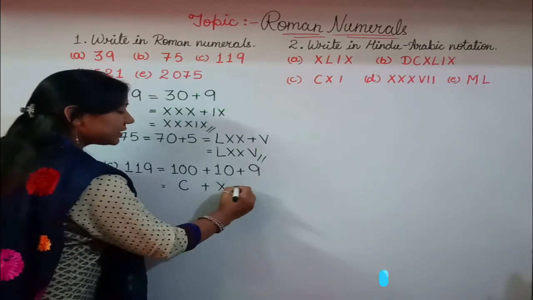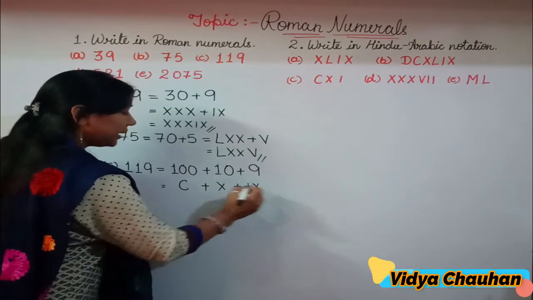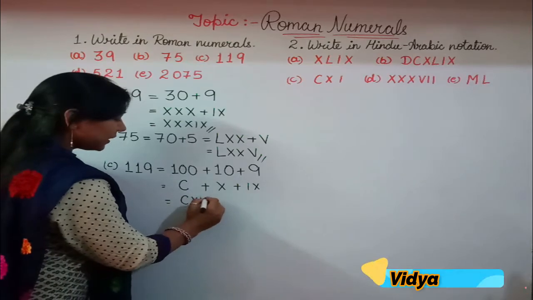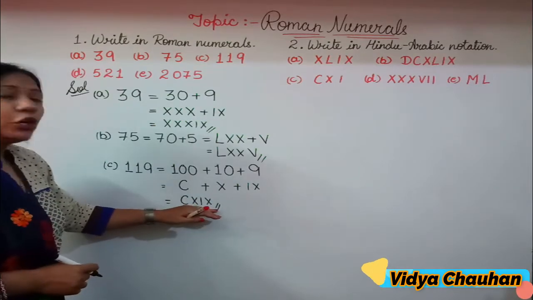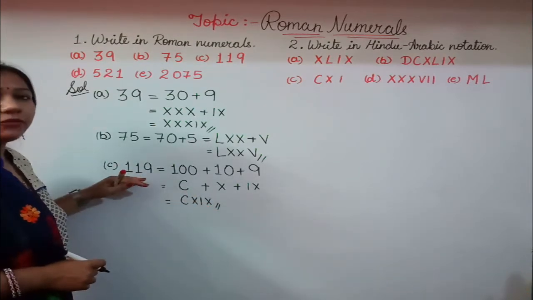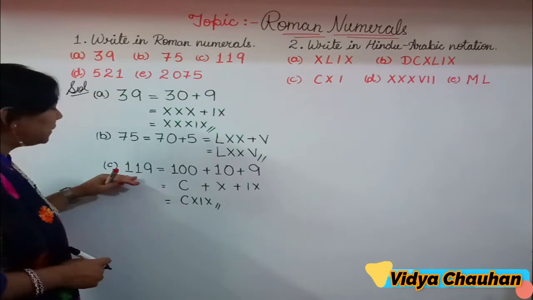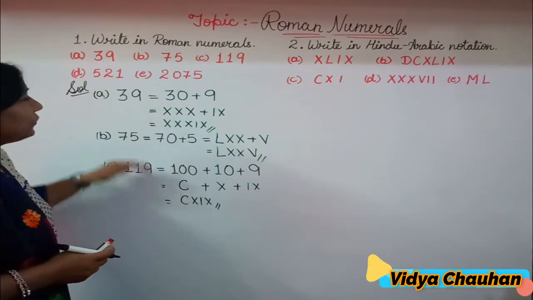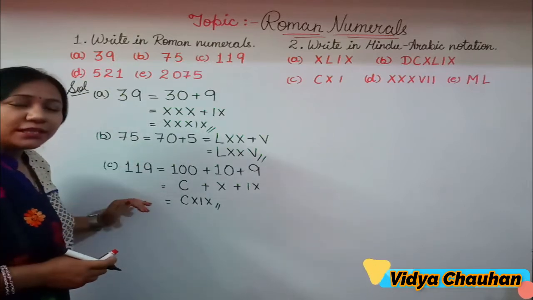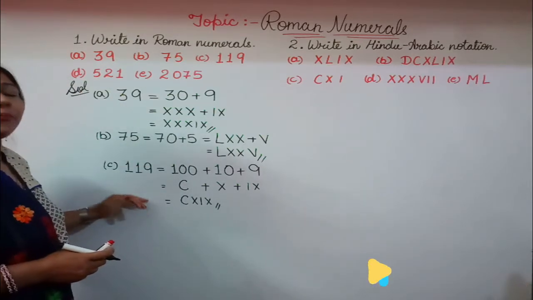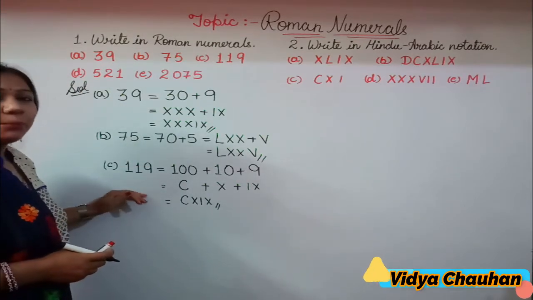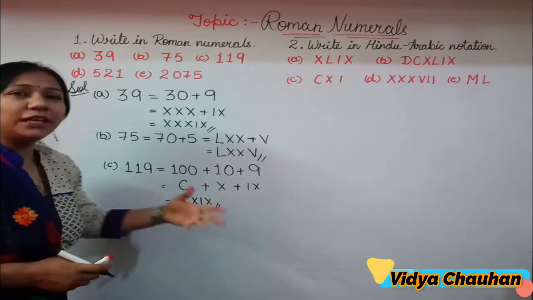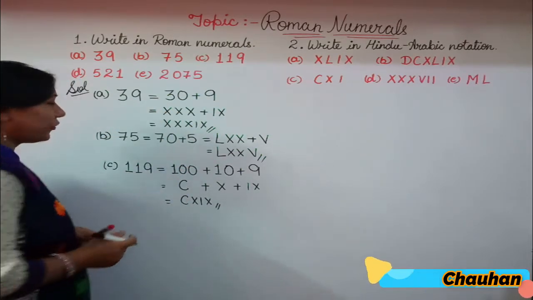X. And what is the symbol of 9? IX. Write it in the combined form: CXIX. This is the Roman numeral form for the given Hindu Arabic number 119. So students, as you are seeing, we are converting the Hindu Arabic number to its Roman form by just writing its expanded form and then writing its symbolic form.